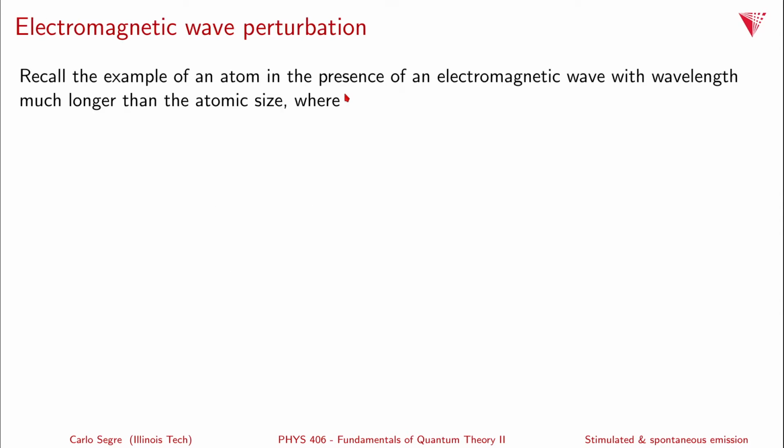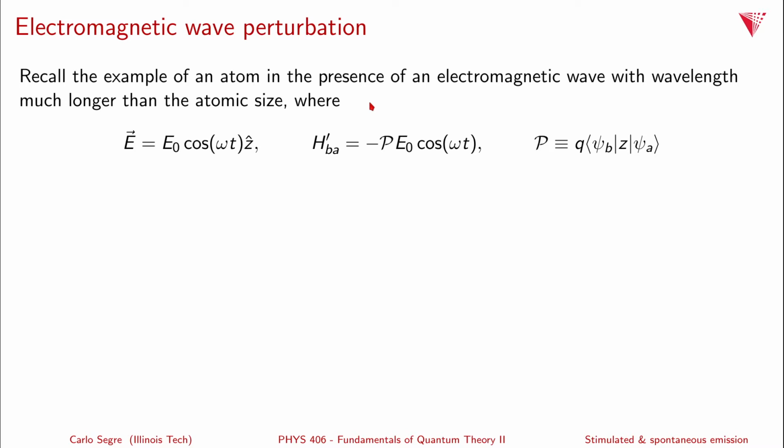If you recall, we had an example of an atom in the presence of an electromagnetic wave with a very long wavelength. Under those conditions, the electric field has no spatial dependence, so its E0 is a constant value with a time-dependent oscillation in a particular direction, in this case z.